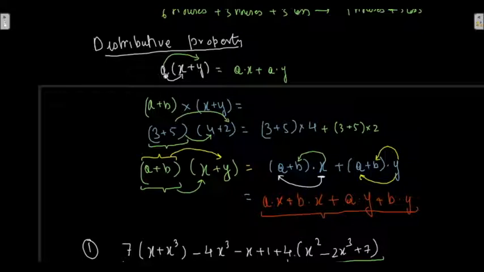For example, when it was a into x plus y, a got multiplied by x and then a got multiplied by y. And when we had a polynomial getting multiplied by polynomial, first we'll multiply the entire bracket with the first term, then the entire bracket with the second term. And if there was a third term, we multiply the entire bracket with the third term as well. So here we have applied distributive property twice, here we have applied distributive property once. And then we'll combine the like terms together and solve it like any other arithmetic operation.